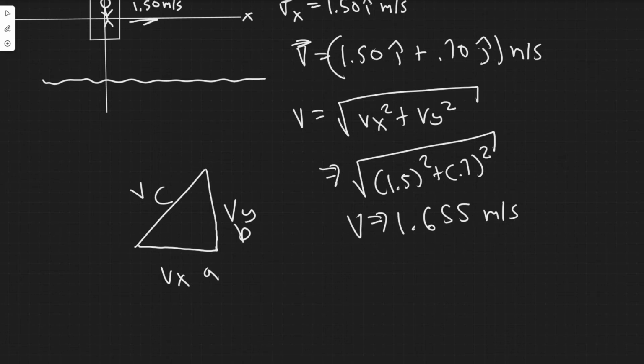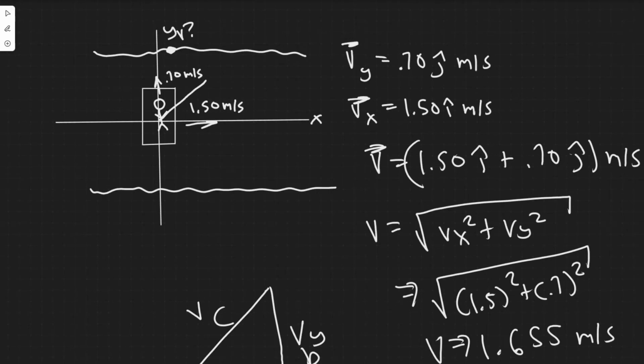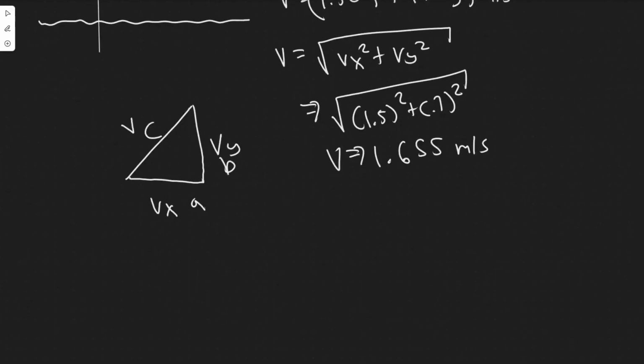Keep in mind, this is the velocity or the magnitude. So he's going to be traveling this way, obviously, because we're going up and to the right. So he's going to go this way relative to this shore at 1.655 meters per second. You can round to 1.7 meters per second, however you want to write it.